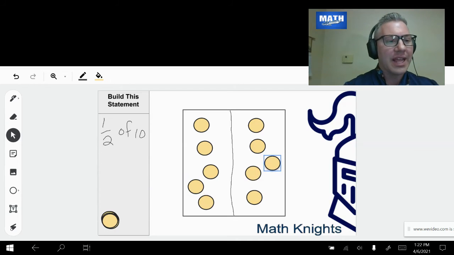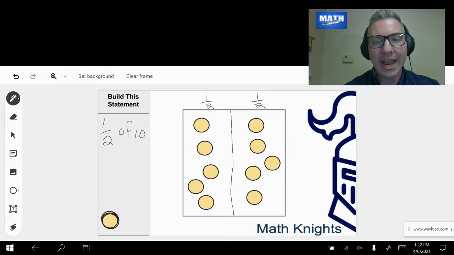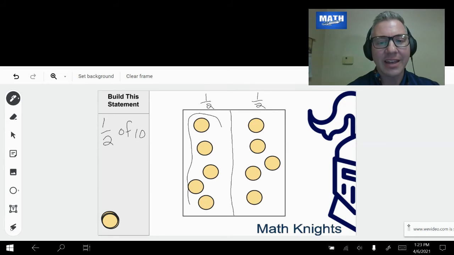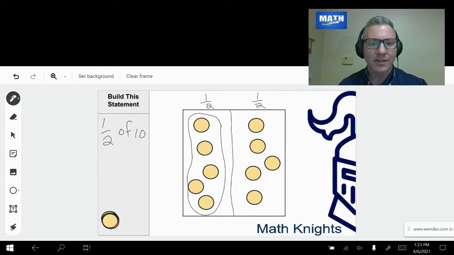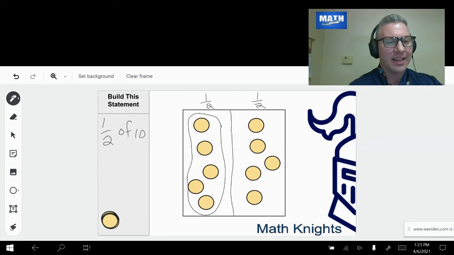If this is 1/2 and this is 1/2, what is 1/2 of 10? 1/2 of 10 is 5. And you know what? I'm almost thinking, doesn't this sound a lot like 10 divided by 2 equals 5?